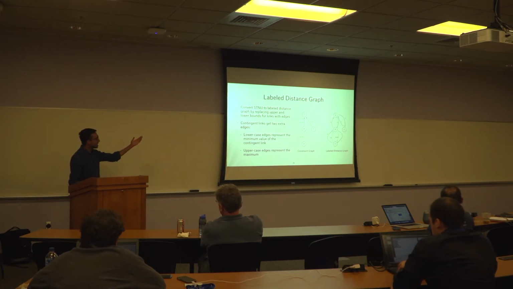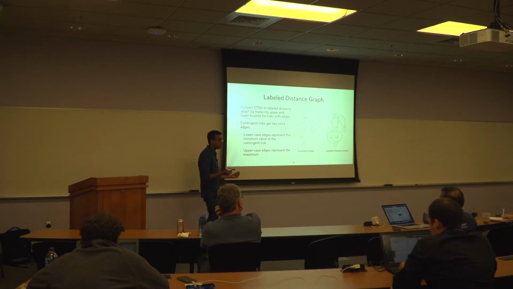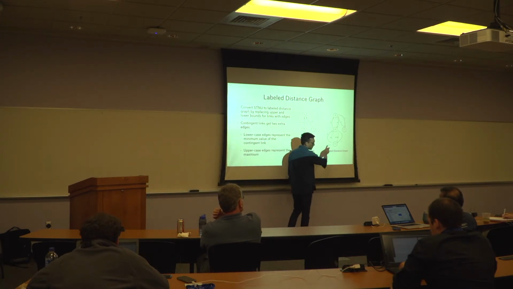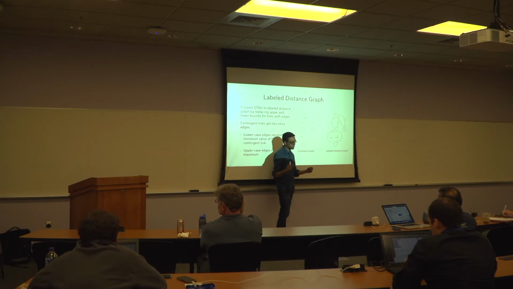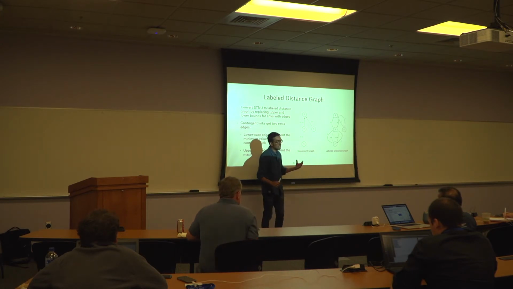It turns out that any STNU that has one of these contingent or uncontrollable links will trivially have a negative cycle in its labeled distance graph. But if we think about what that particular negative cycle means, it actually doesn't concern us. As mentioned earlier, it has to take the conjunction of these two conditions: condition 1, this edge holds and is enforced if this takes on its lowest possible value; the second constraint holds and is enforced if this takes on its maximum possible value.